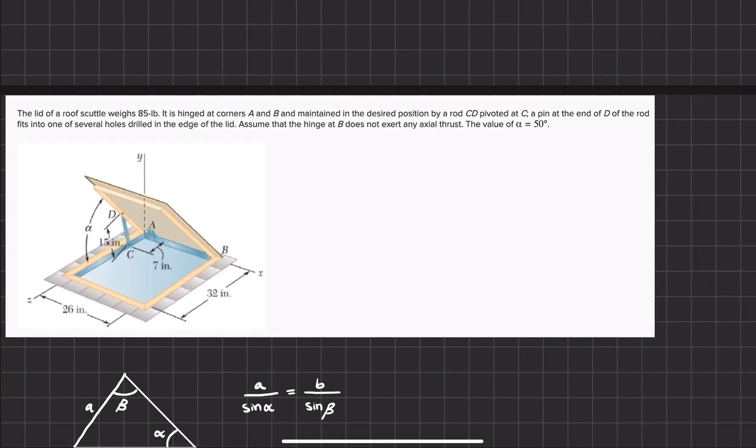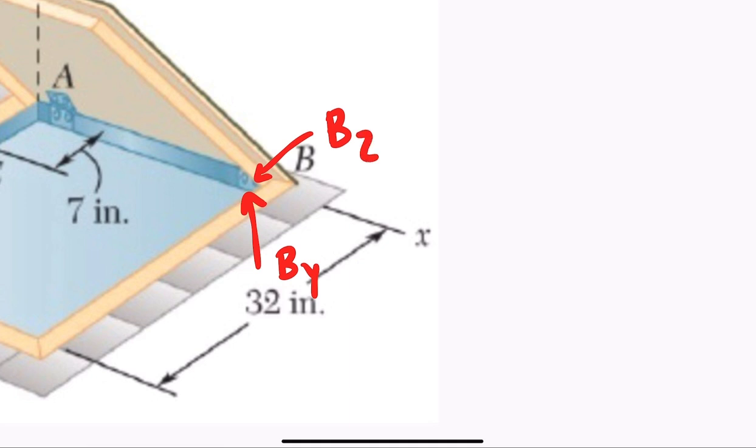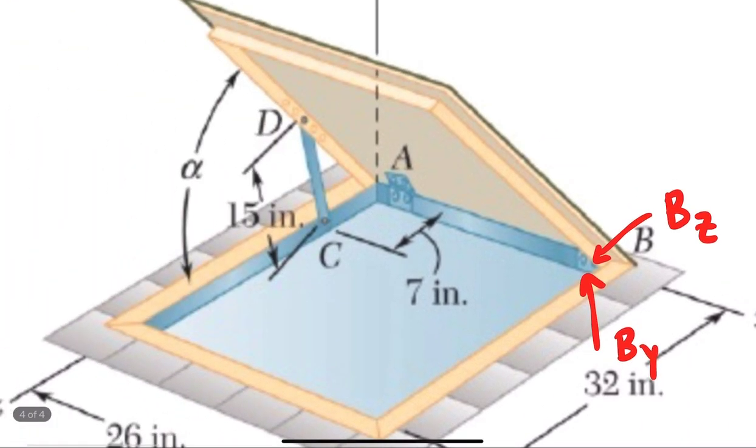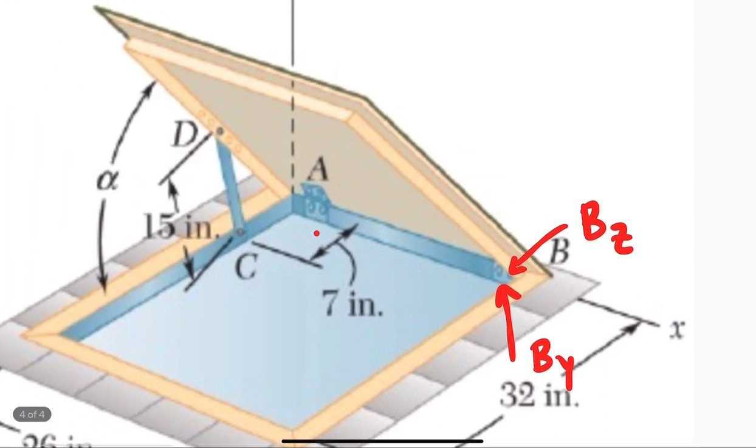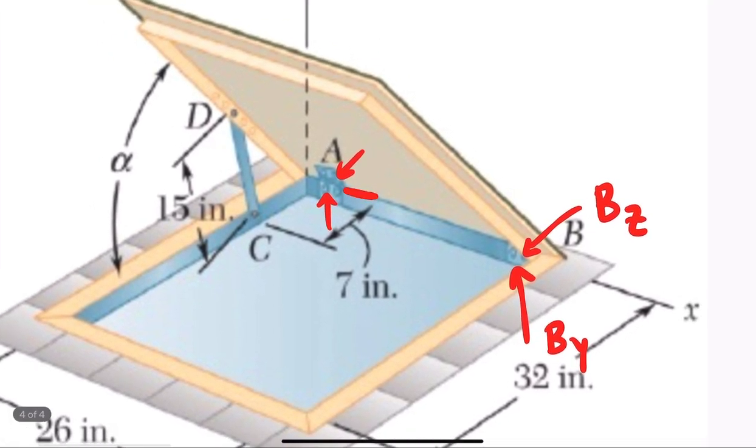So let's go right in and draw our free body diagram. We'll start off at BY and BZ. At A, we have it in all directions, so this way, that way, and that way: AX, AZ, AY.